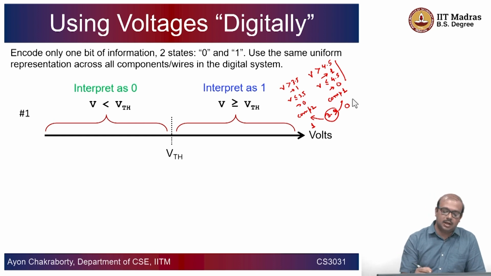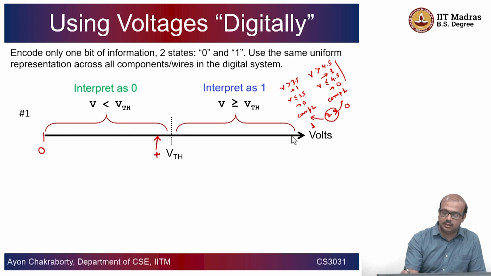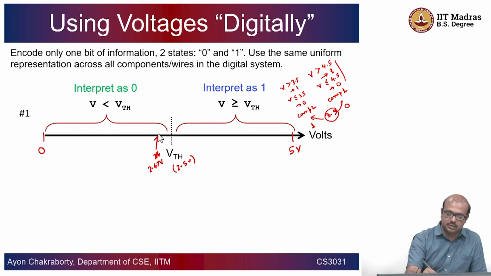For example, if you have a value x which is really interpreted as 0, because the maximum voltage is 5 volts and the threshold voltage could be taken as 2.5 volts, and x is, let's say, 2.47 volts, this is going to be interpreted as 0.